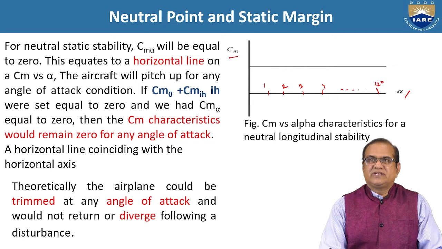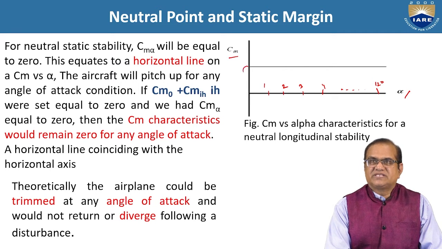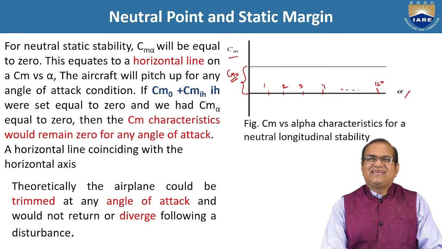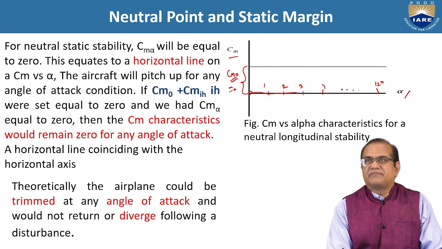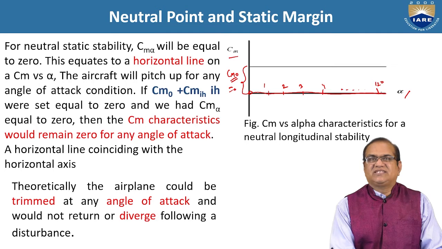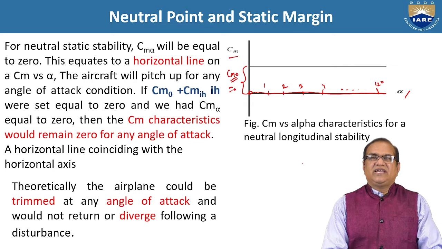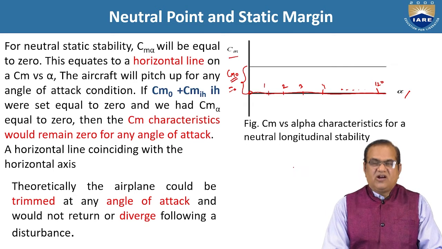So what is the Cm naught? Cm naught is this one. This is Cm naught, set equal to 0, and we had Cm alpha equal to 0. Then the Cm characteristics would remain 0. So if Cm is equal to 0, it will start from here and go along this line only. A horizontal line coincides with the horizontal axis.